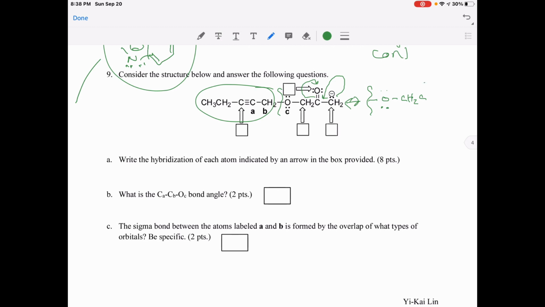This gives us the following resonance structure. So this will be relevant in our discussion of the hybridization.